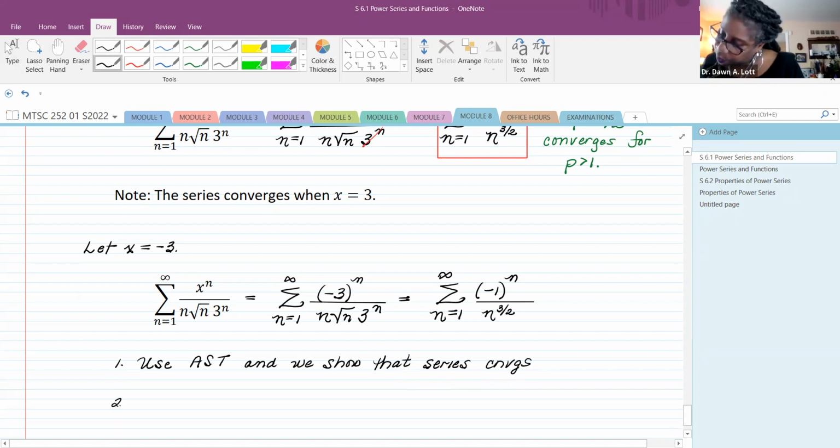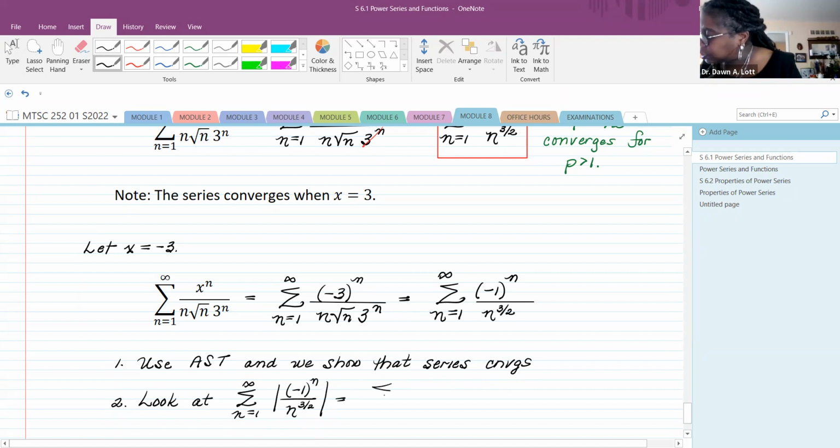Or two, we can look at the sum from n equals 1 to infinity of the absolute value of (-1) to the n over n to the 3/2.